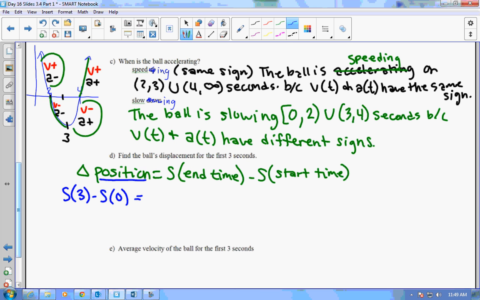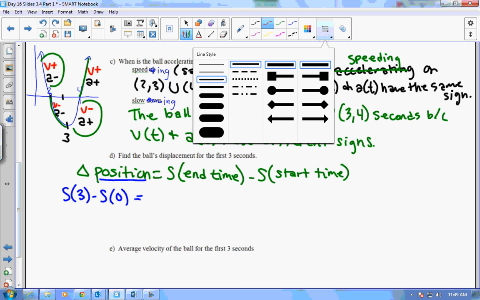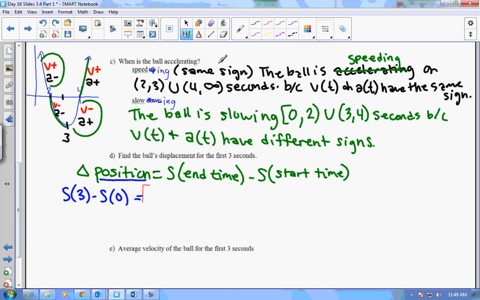Especially like the way Reed's doing it. He put a big old bracket, and he started plugging in the 3. 1/3, 3 cubed minus 3 squared plus 8, 3 minus 10. That's the first, evaluating at 3, right? Well, time is 3. Minus, big old bracket, do it again, but put the 0 in.